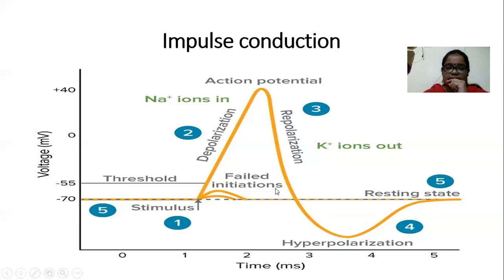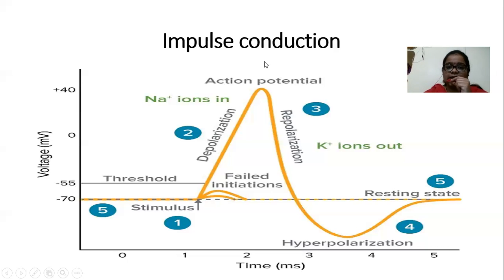When the stimulus is received by the dendrites, the membrane potential increases from minus 70 millivolts to plus 30 or plus 40 millivolts.